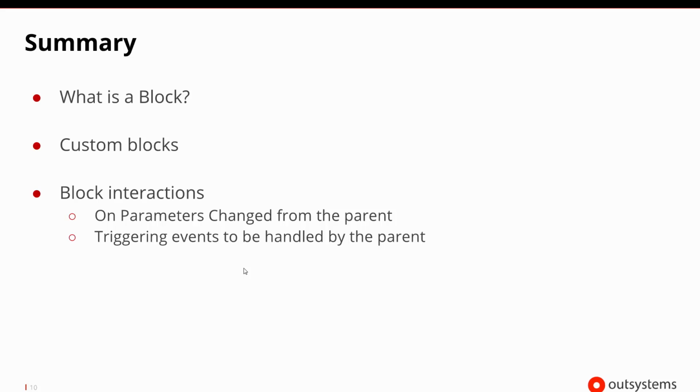So this can be a very nice thing to do, be able to create your own block, and it gives you a lot of flexibility to create really nice UIs and have a lot of control over how that works. But because those components may need to communicate back and forth, it's important to understand how the blocks and events interact. Hopefully this session has helped you understand that better.